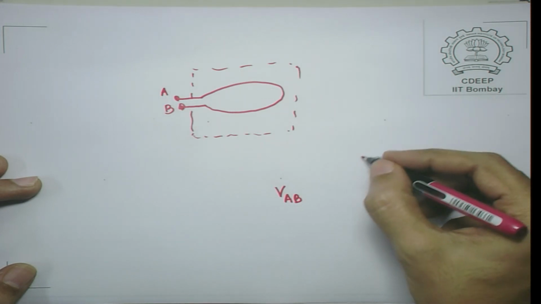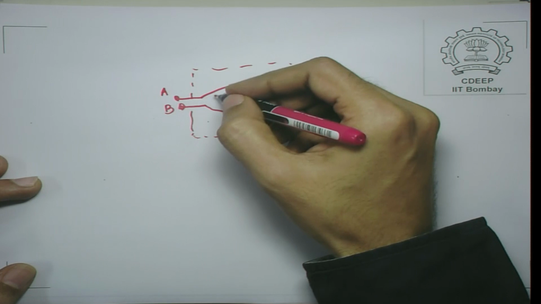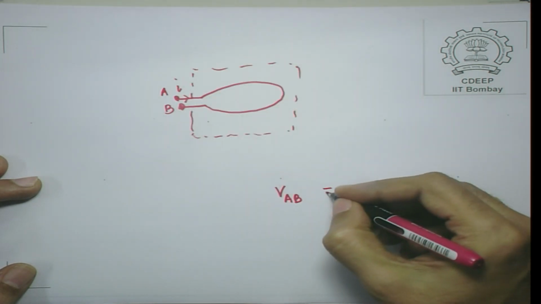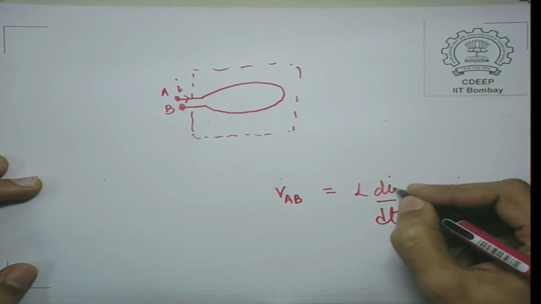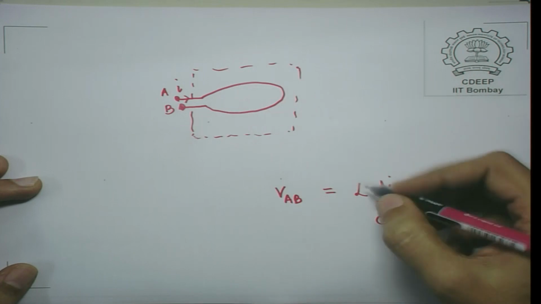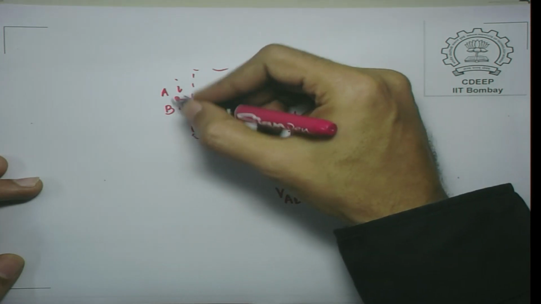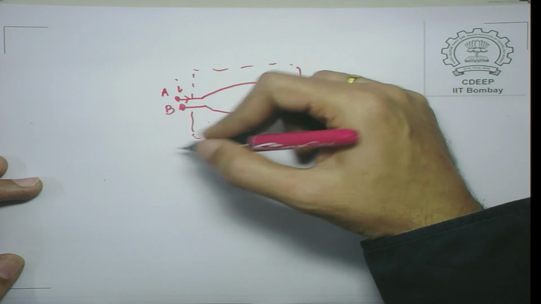If we measure the potential of A with respect to B, and if there is a current flowing like this, then VAB is equal to L di/dt, where i is the current flow and L is a positive constant. Now, this potential can be defined uniquely because we assume that magnetic fields here are small or negligible.